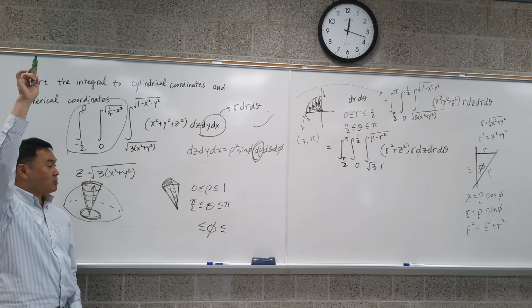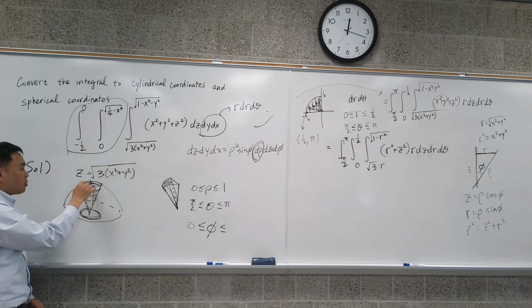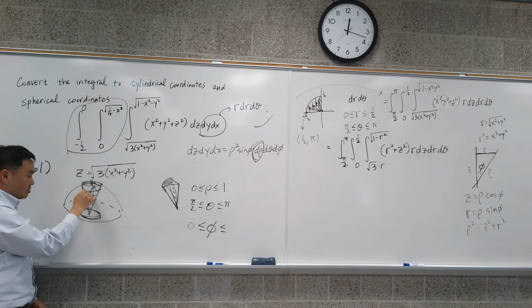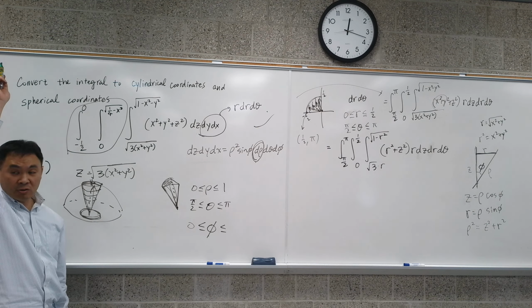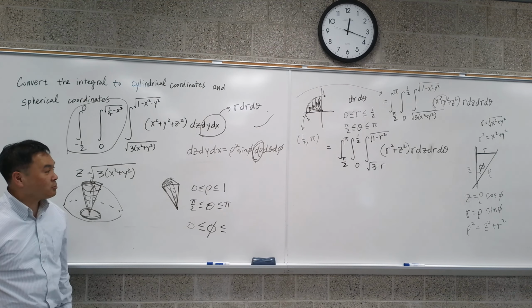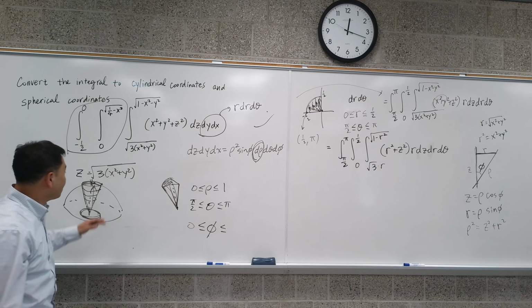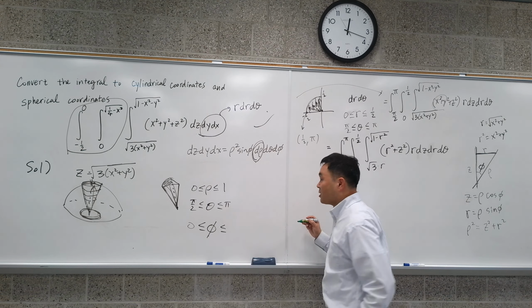It definitely is, phi starts from 0 because there are points in the North Pole, right? All of these points are in the North Pole. So phi should always start from the North Pole. But then how far does it come down? Well, for that, it's instructive to think about the trace of that. So let's work on that a little bit, okay?